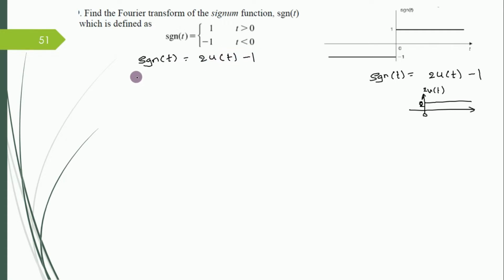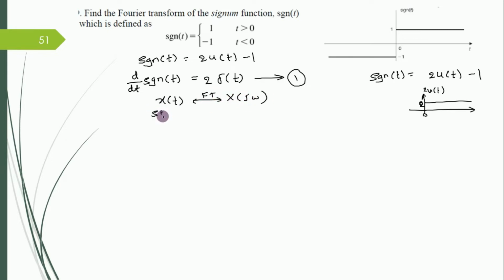Now to make the job simple, I take its differentiation. 2 is a constant. Differentiation of u of t is delta of t, which we are already aware of. And differentiation of a constant is 0, it vanishes. Let me call it equation 1. This I'm taking just for simplicity. So x of t's Fourier transform pair is capital X of j omega.